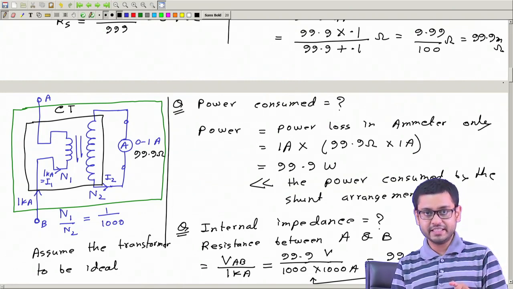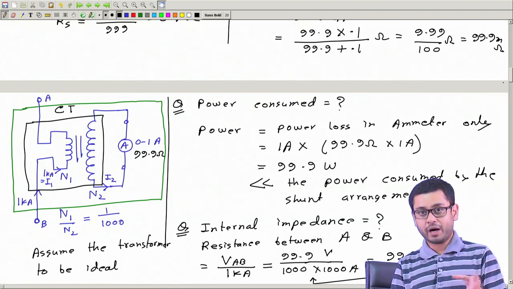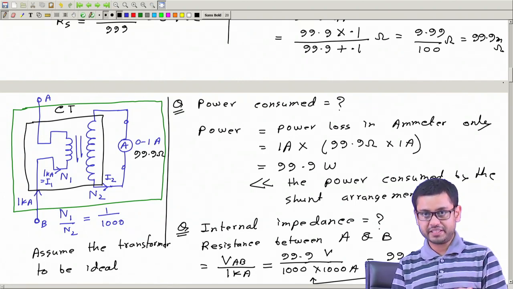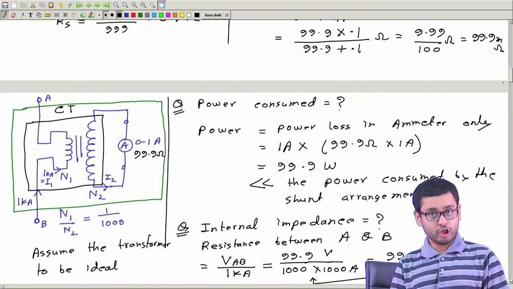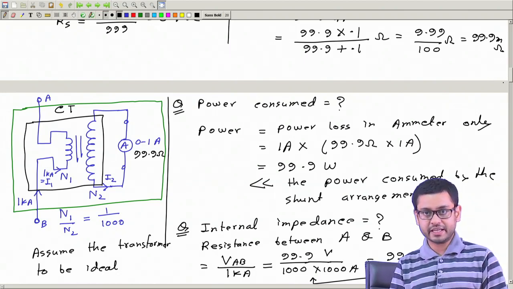And here we see, if we use a CT, a current transformer, then the measuring instrument has much smaller internal impedance compared to a shunt scheme. We have also seen the power loss in the measuring instrument is much smaller.